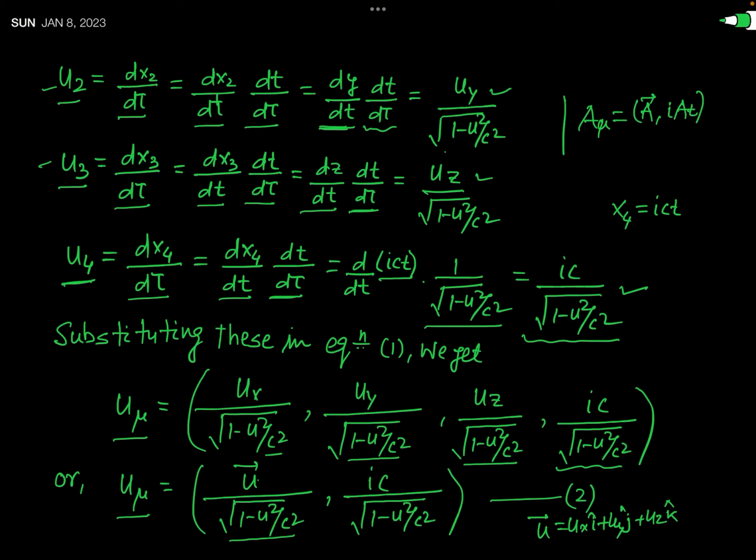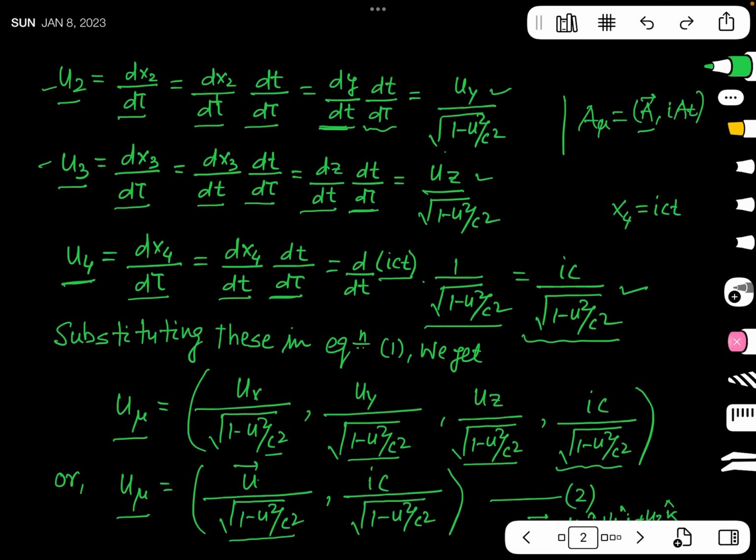So you can see in here this vector a is represented by u over root over 1 minus u square by c square, and at is c over root over 1 minus u square by c square, and at the place of i there is i. Okay. So in this way we have obtained all the 4 components of a velocity 4 vector.